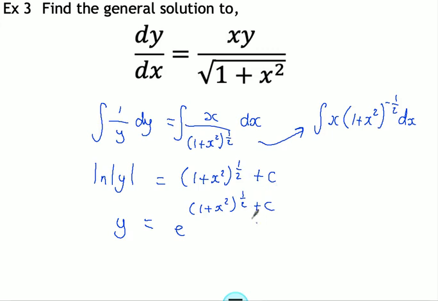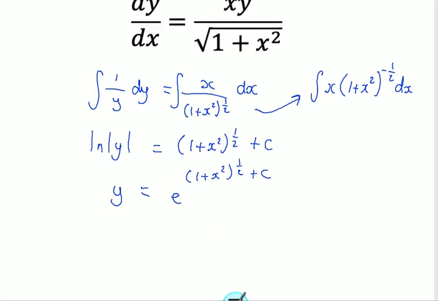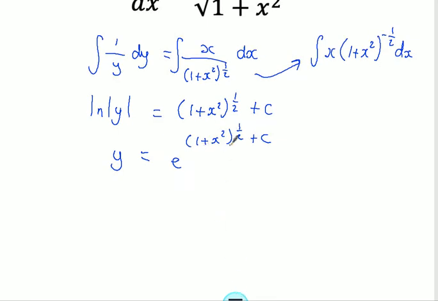Again, not happy with my constant up here. So what we need to remember are the things we did at GCSE, so index laws. So when do we add powers together? Well, it's when we multiply things with the same base together. So actually I can write this like this. Okay, now e to the c is just a constant.